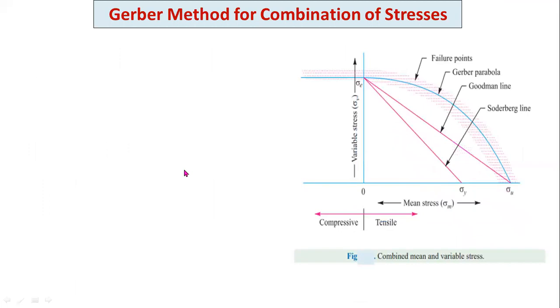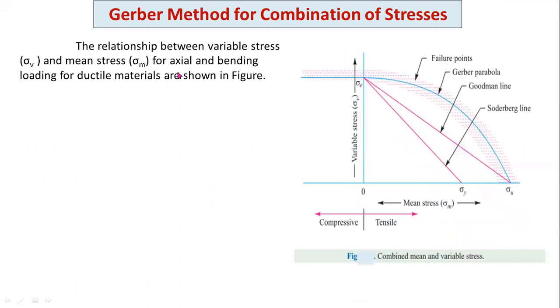Gerber method for combination of stresses. That means how to use the Gerber method for a combination of steady and variable loads, variable stresses. The relationship between the variable stress sigma v and mean stress sigma m for axial and bending loading for ductile materials is shown in the figure.